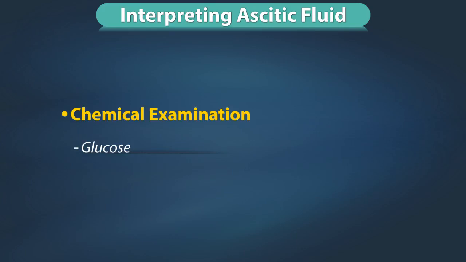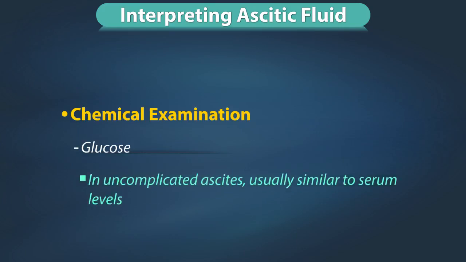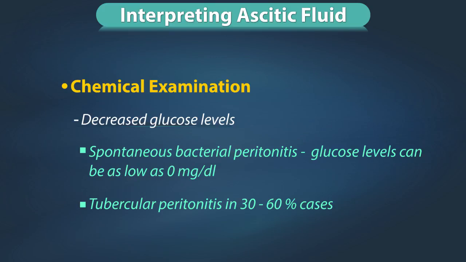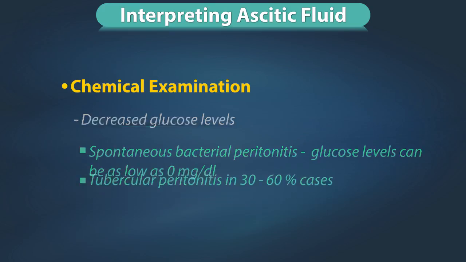Glucose has little value. In uncomplicated ascites, it is usually similar to serum levels. In late spontaneous bacterial peritonitis, ascitic glucose levels can drop to as low as 0 mg per deciliter secondary to bacterial consumption. Low levels of glucose are also seen in 30 to 60% cases of tubercular peritonitis.